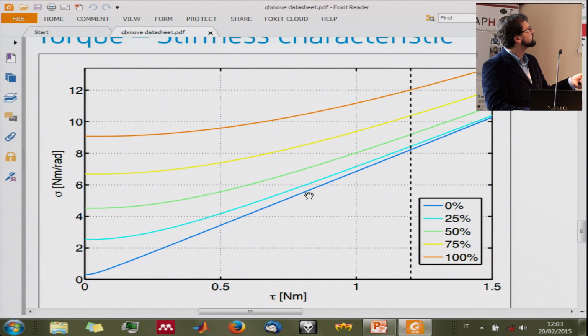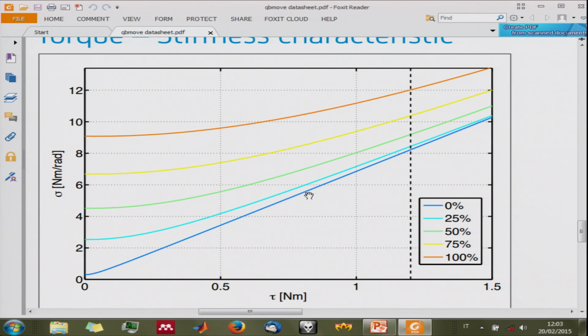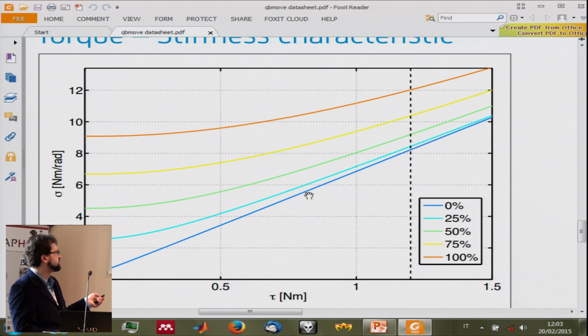This quantity that goes from... what is constant is the amount of stiffness that you have here. So this is 0%, which is the minimum, and then you have 25 and 50, and then 75, and then 100.